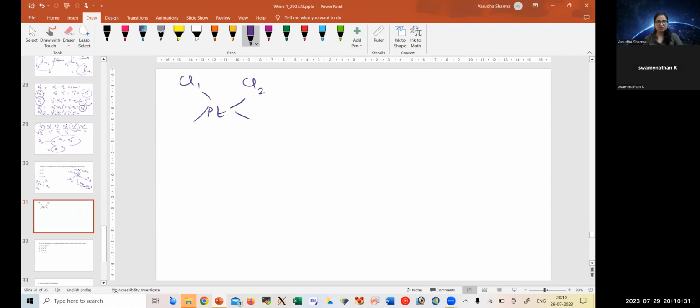Cl1, Cl2, Cl3, Cl4. And can we predict the symmetry from the hybridization itself? Not really, but we can do one thing that would be covered in week 2. For example, you don't have to memorize or define all the symmetry elements for each and every molecule.